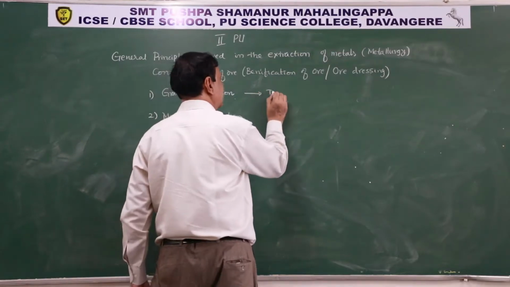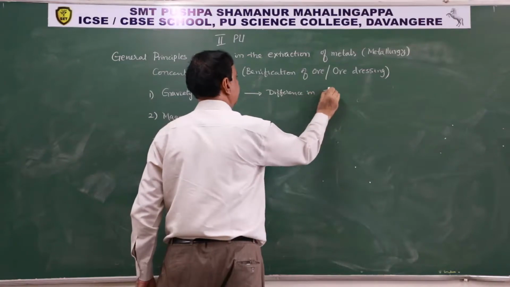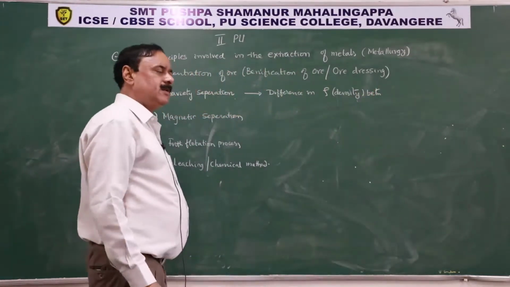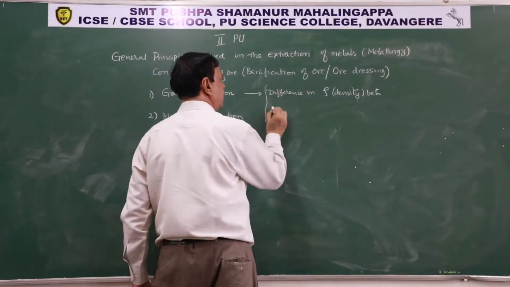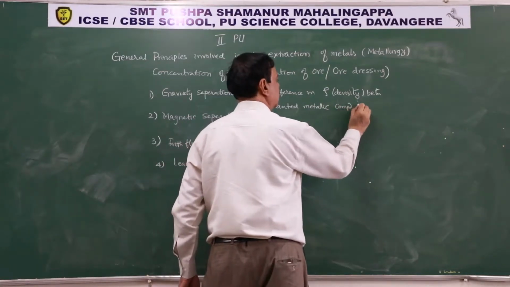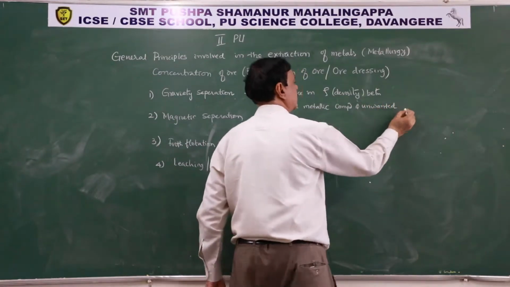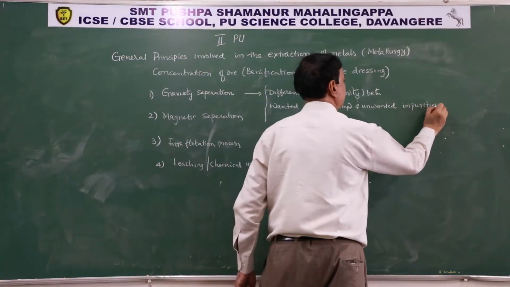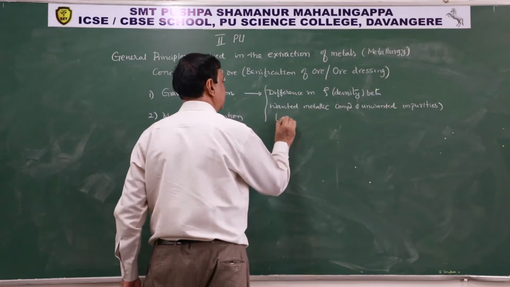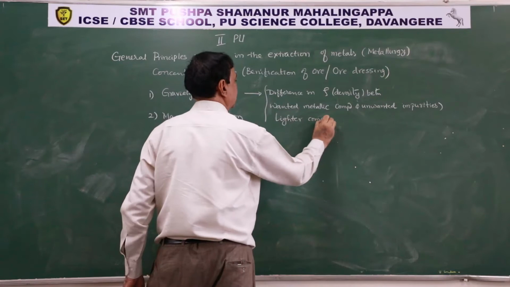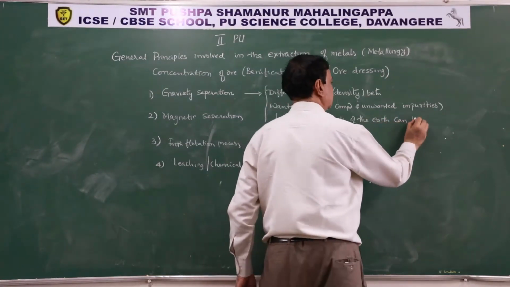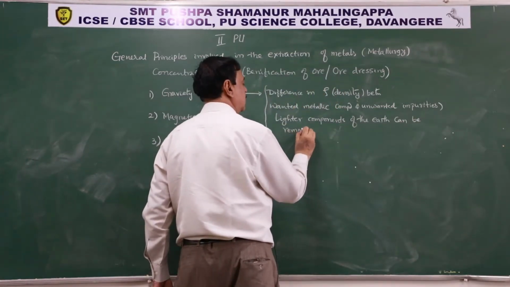Gravity separation is based upon the difference in specific gravity, the difference in density between the wanted metallic compound and the unwanted impurities.